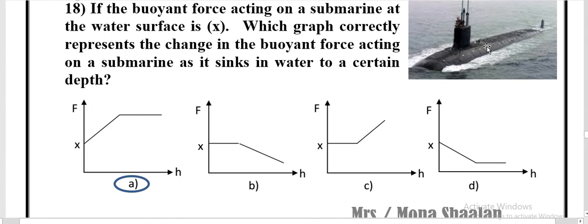As the submarine sinks in water, its volume beneath the water surface will increase, so the buoyant force will increase, until it is totally submerged. Then its buoyant force will be constant with increasing depth, as the volume will be constant.